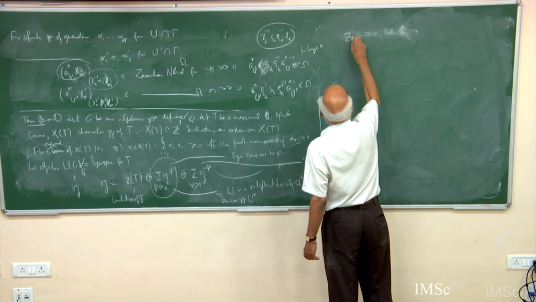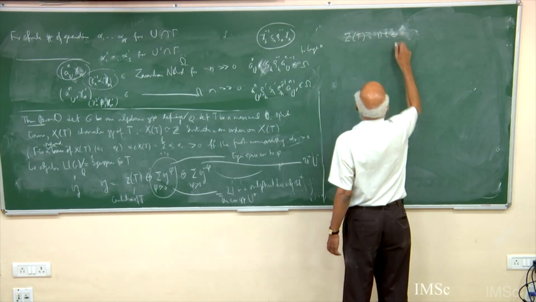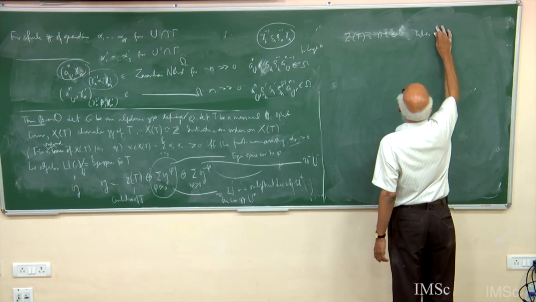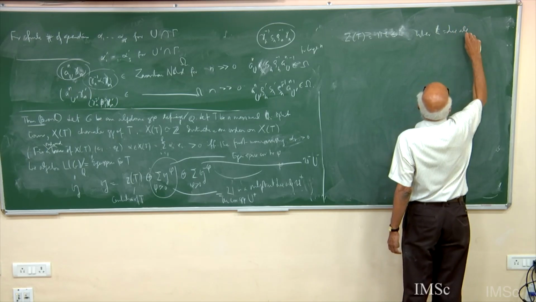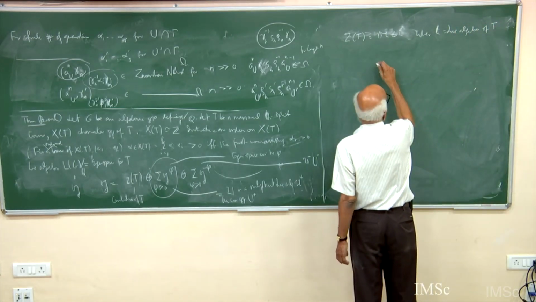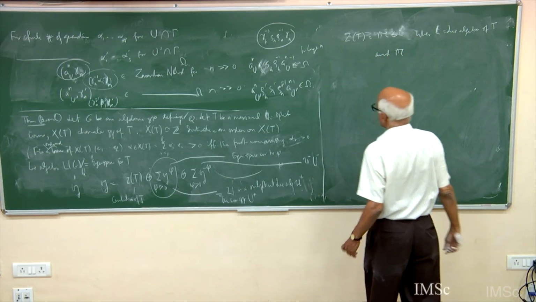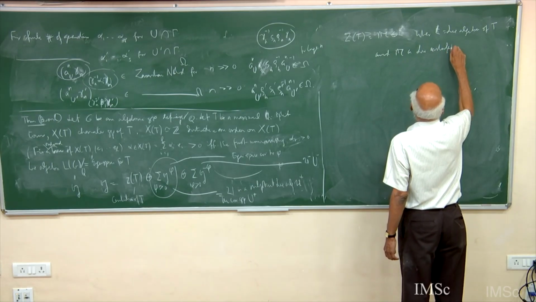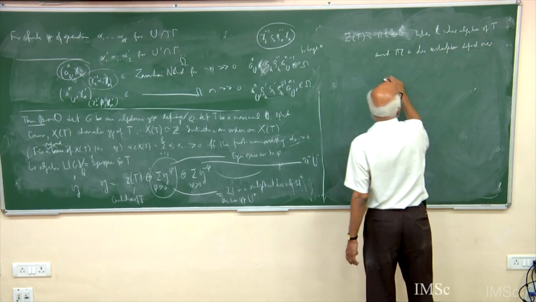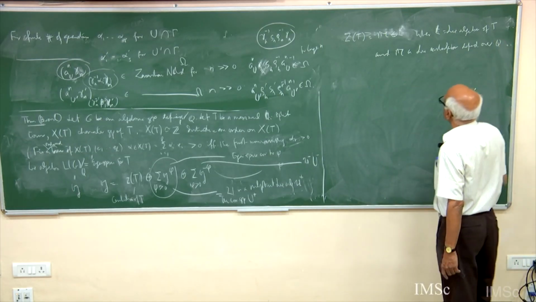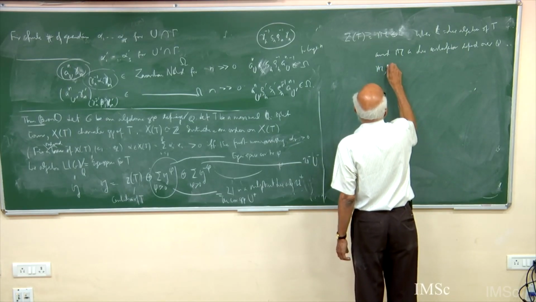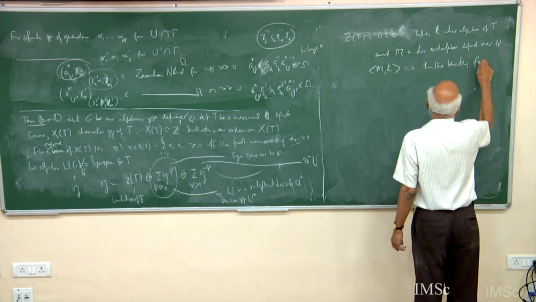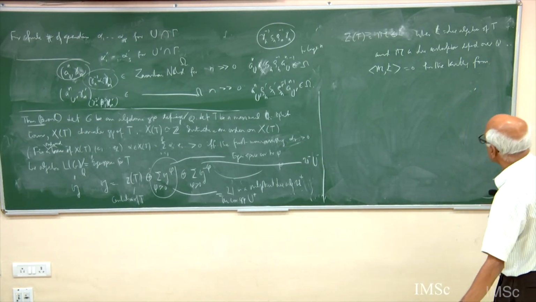ZT decomposes as M plus T, where T is the Lie algebra of T and M is the subalgebra defined over Q, and M and T are orthogonal with respect to the Killing form. On the Lie algebra there is the Killing form, which is non-degenerate, and is orthogonal.